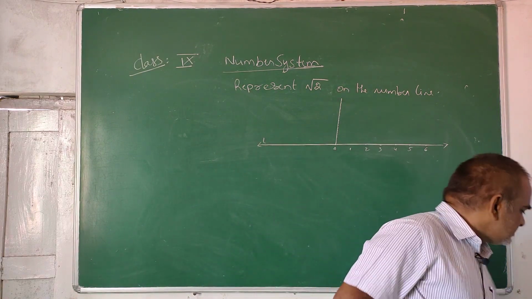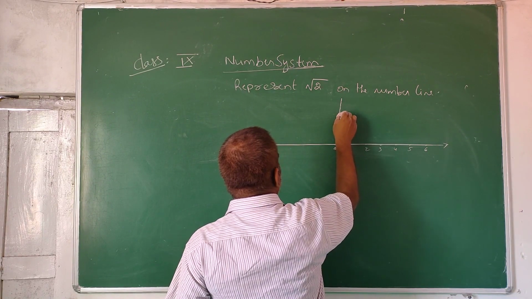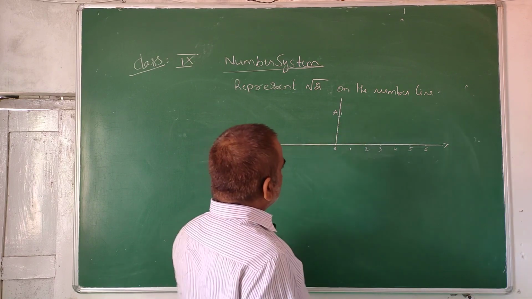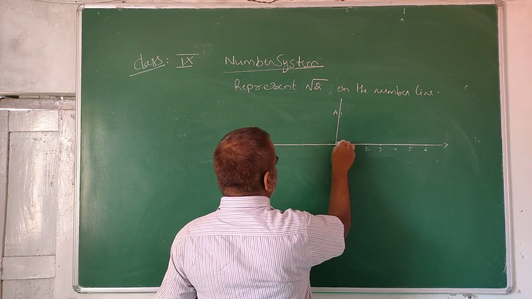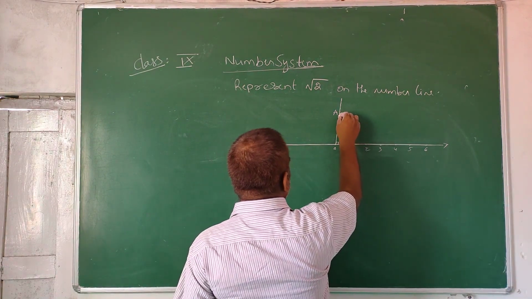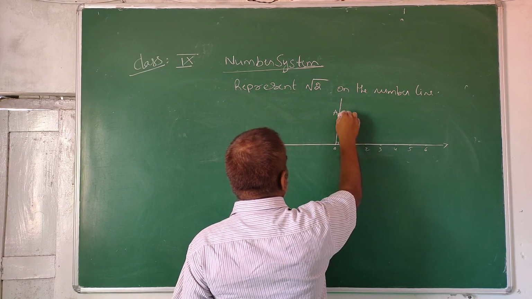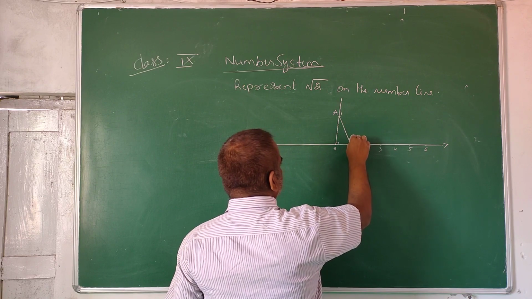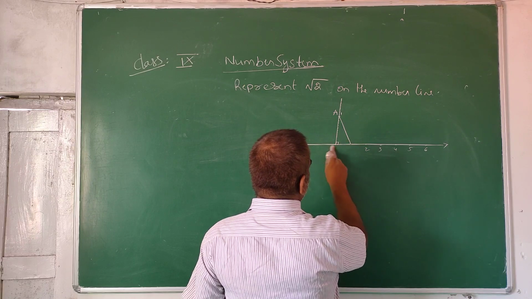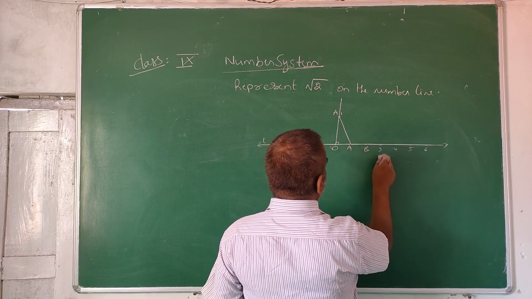Are you following? And on this perpendicular, you mark a point A with 1 unit distance. Now, please join this A to 1. So now consider this is O. O stands for 0. Consider this is A. Consider this is B, C, like this.